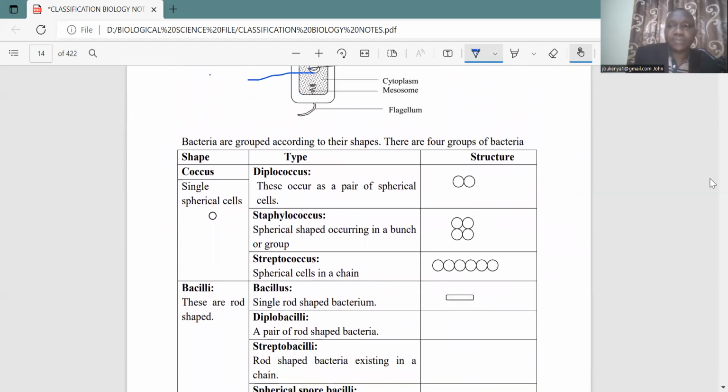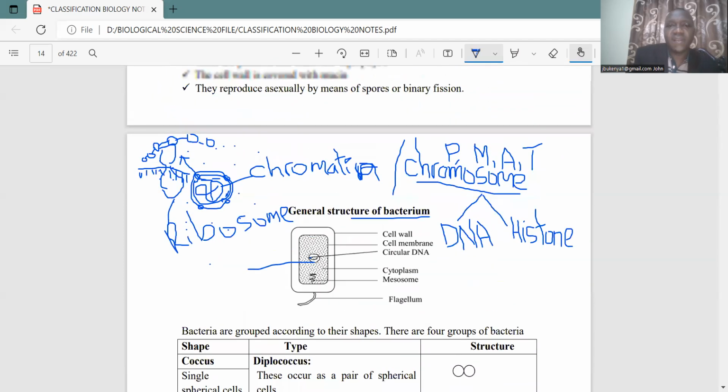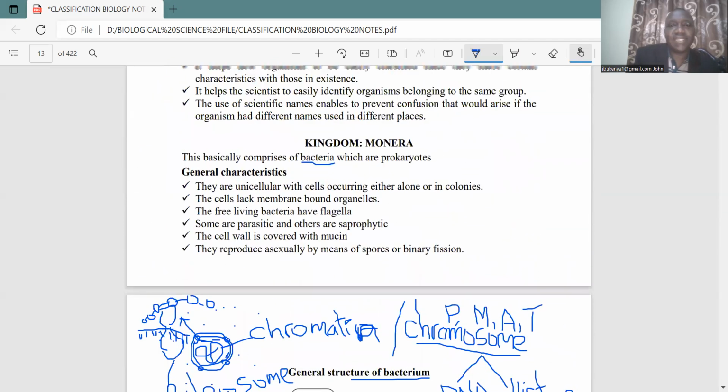So the main difference between the prokaryotic cells and the eukaryotic cells is that the prokaryotes, or the bacteria, have no true nucleus. Their DNA or genetic material is circular and small and found in the cytoplasm, not in a nucleus. But eukaryotic cells have a large double-stranded DNA molecule that is confined in the nucleus.